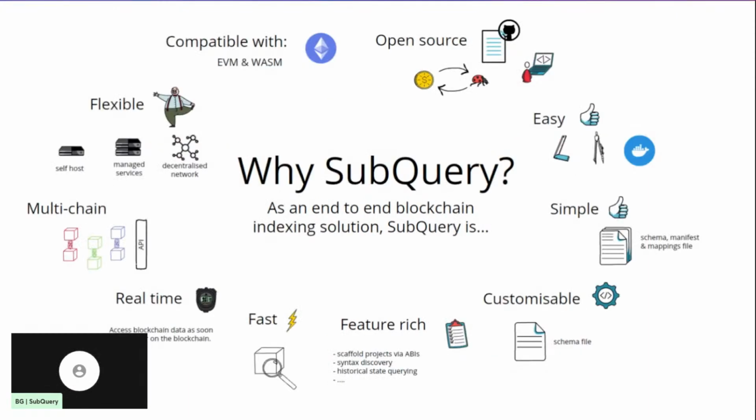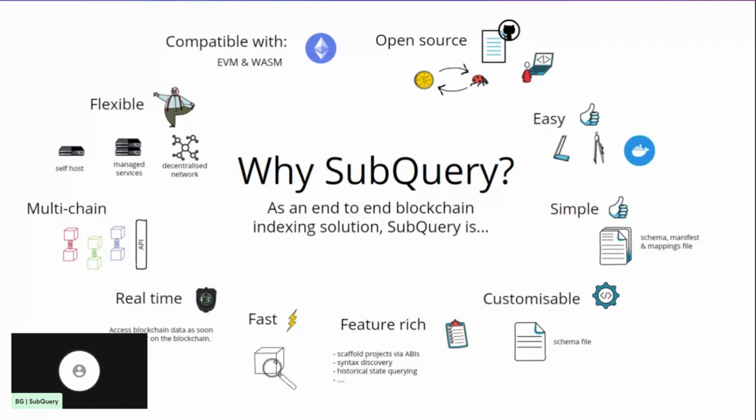So why SubQuery? First of all, it's completely open source. Everything is open source, even the requirements engineering is discussed in GitHub comments, so you can validate all the code. It's really easy to use. You can run your project first in Docker before publishing it anywhere.